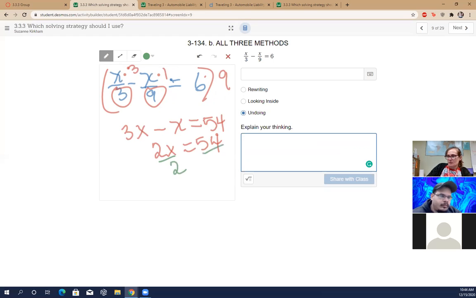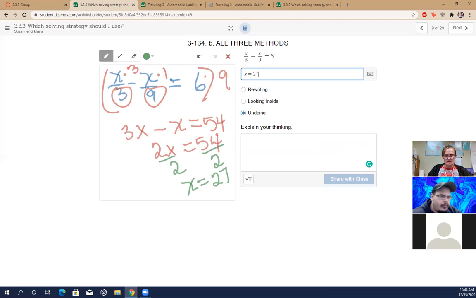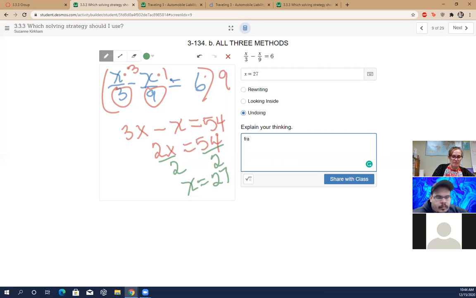Divide? Yep, we divide. So 54 divided by 2 is 27. So x equals 27. And then for explaining, we undid the fractions, fraction busters, whatever you want to say. Fraction busting.